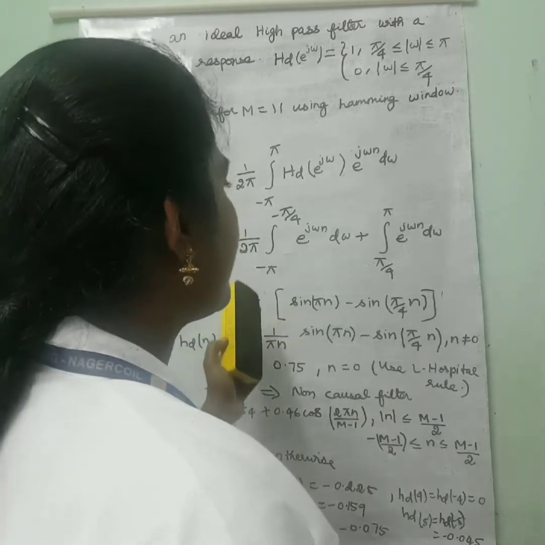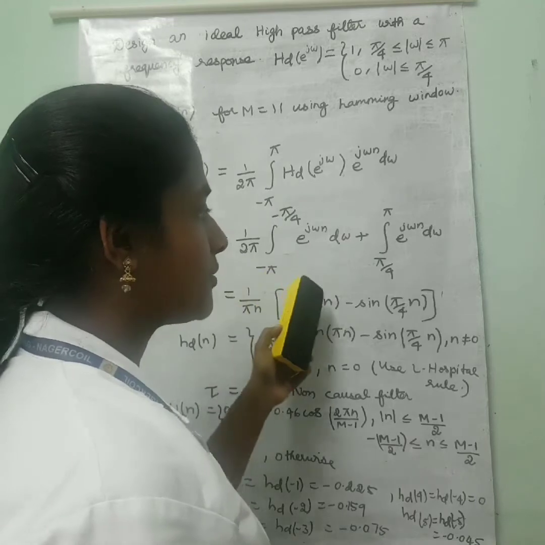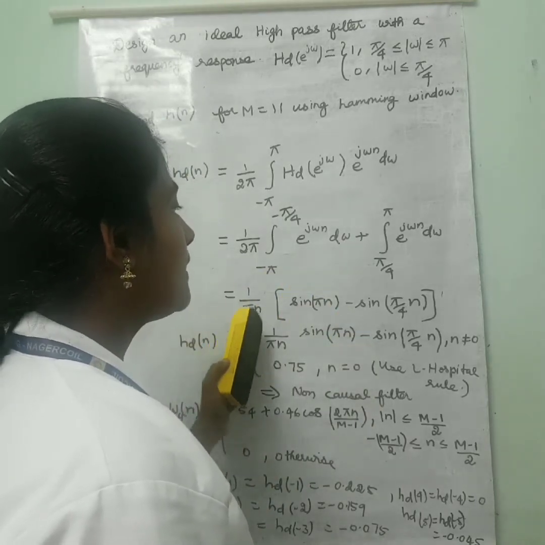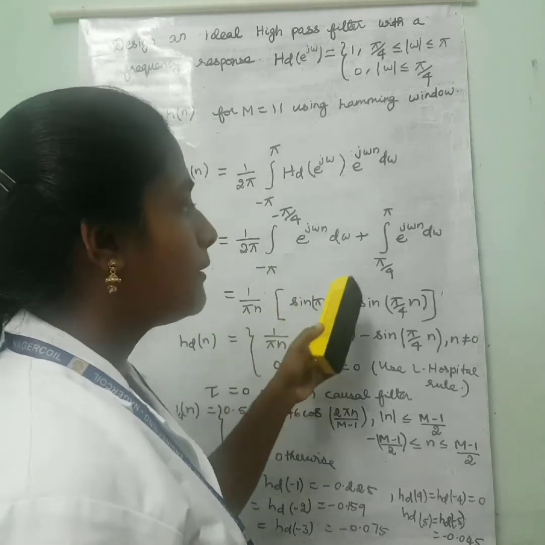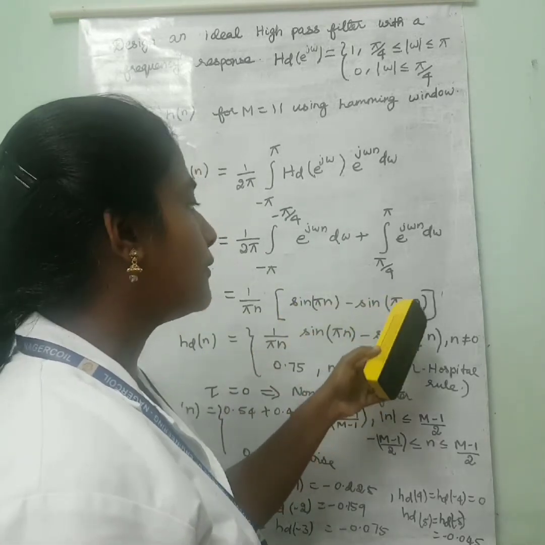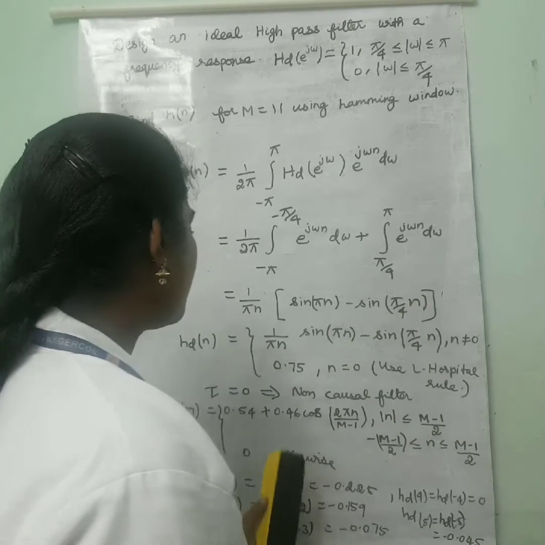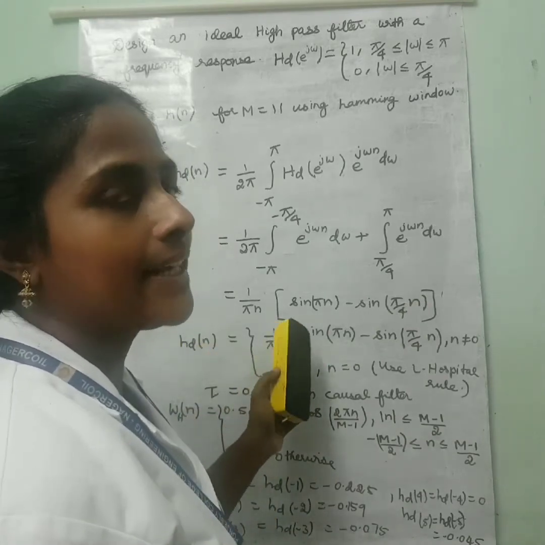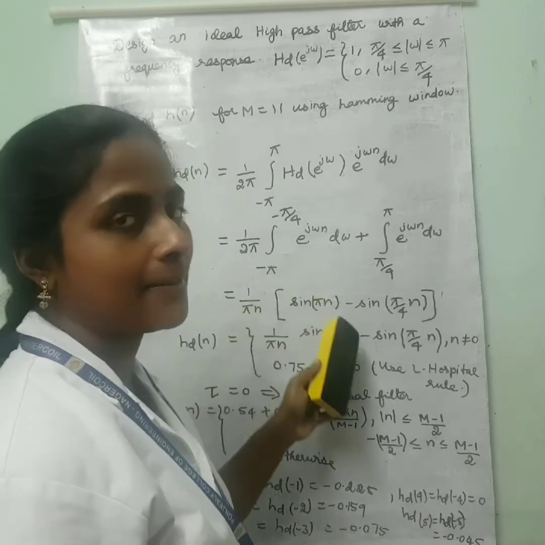When you are integrating and substituting the limit, you will get the answer as 1 by pi n into sin pi n minus sin pi by 4 into n. Here when n is equal to 0, you will get this equation in indeterminate form.